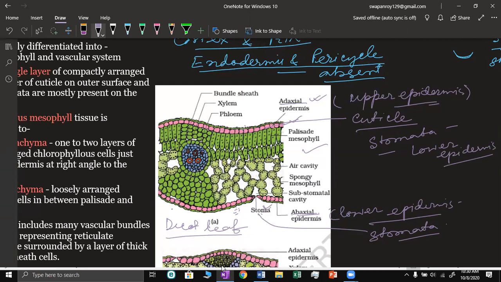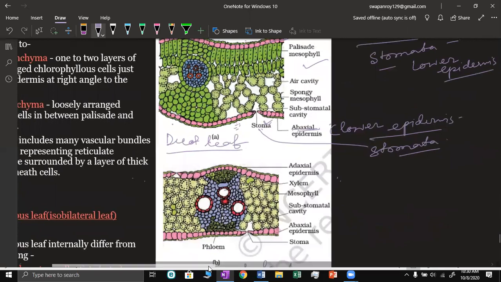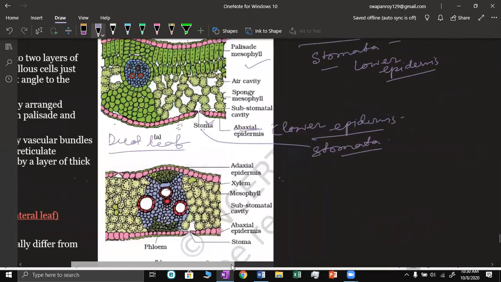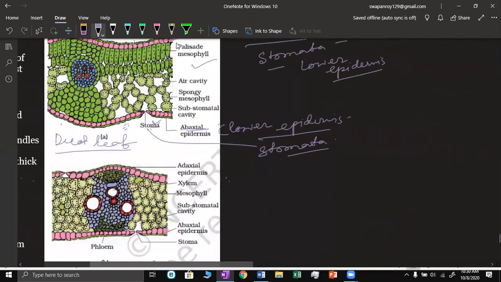Then come to the ground tissue. See here, this portion from here to here, this is the ground tissue.